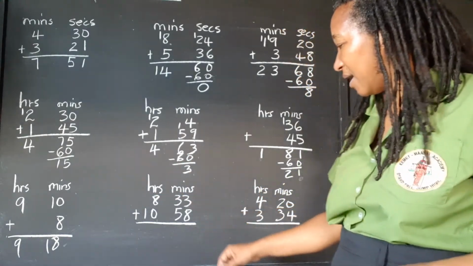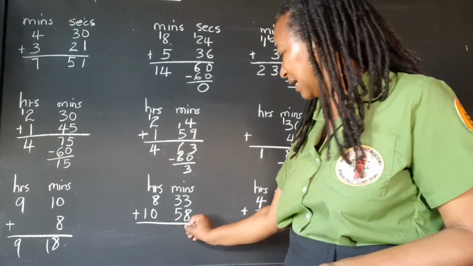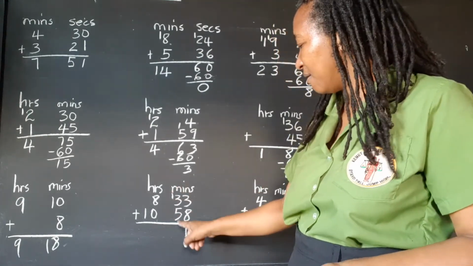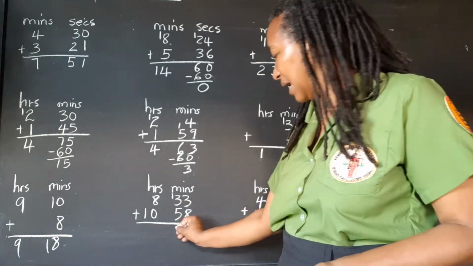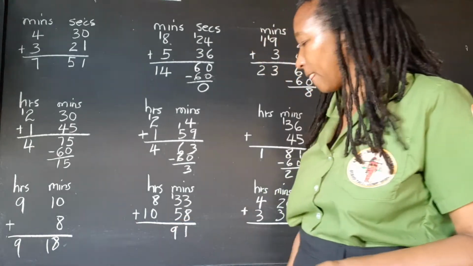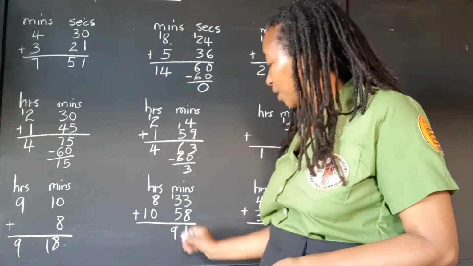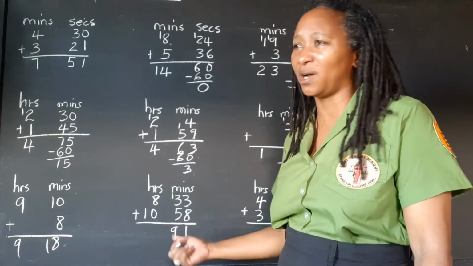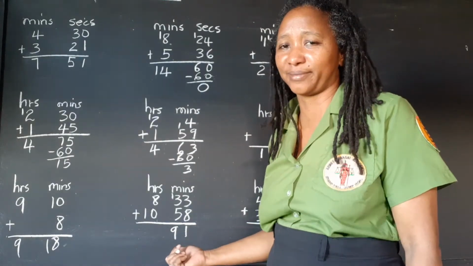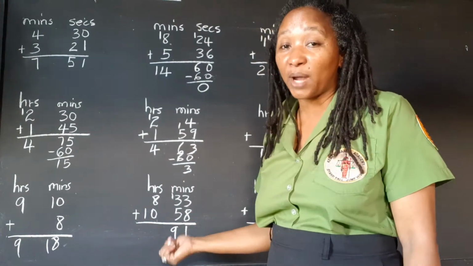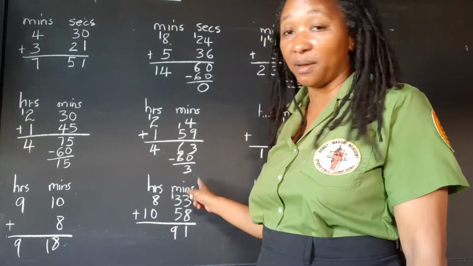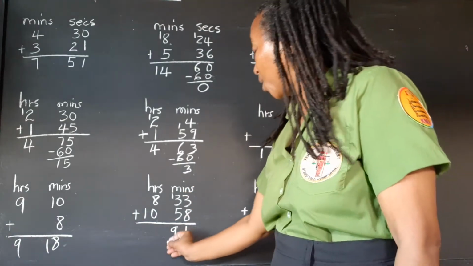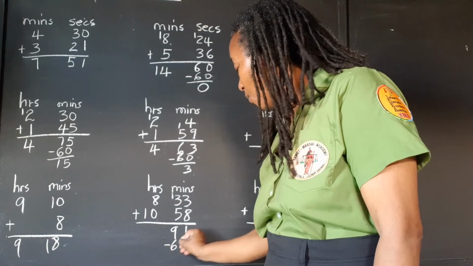Alright, so here we have 3 plus 8, that's 11. 5 and 3, 8 and 1, 9. And now we know that 91 cannot stay here. There's no way we're going to leave 91 on the minutes. So we're going to take out one group of 60.